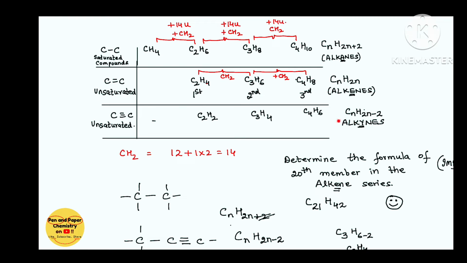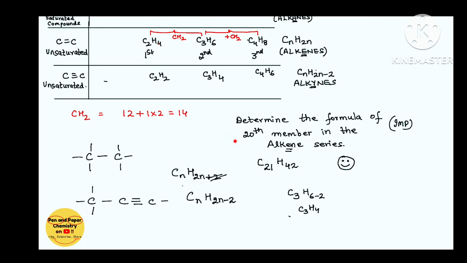Alkynes are hydrocarbons with the triple bond between the carbon atoms. My question to you, what will be the 20th member in the alkyne series now? Go ahead, pause the video, solve the question, and then we'll give you the answer.